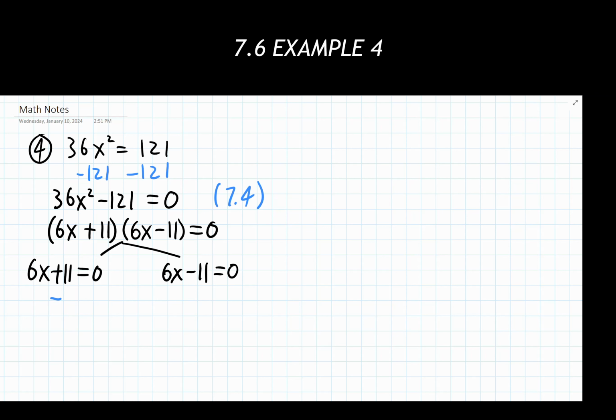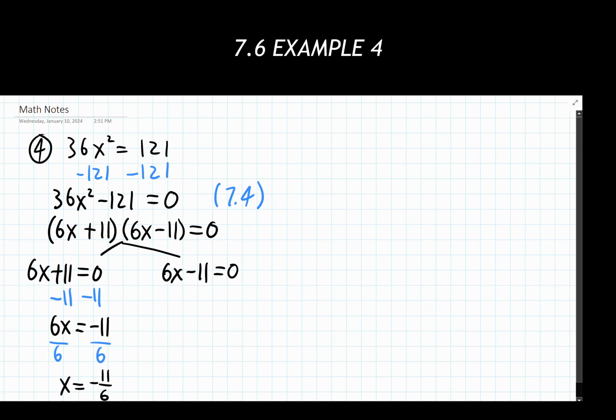So for our first one, on the left side, we're subtracting 11 from both sides of this equation. We're getting 6x is equal to negative 11. And then to get x all by itself, I'm dividing both sides by 6. And getting my final answer of x is equal to negative 11 over 6 here.